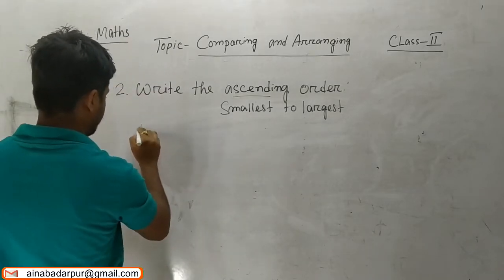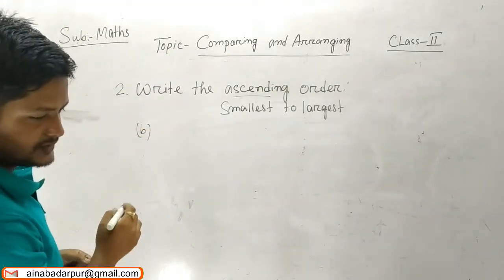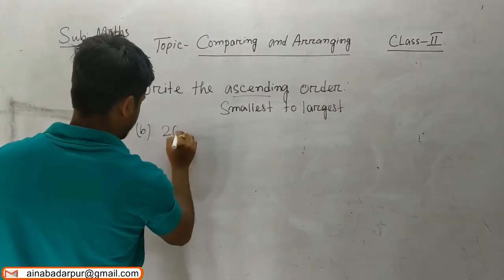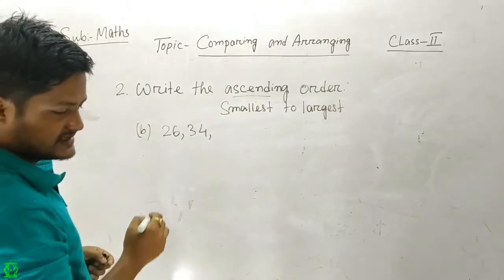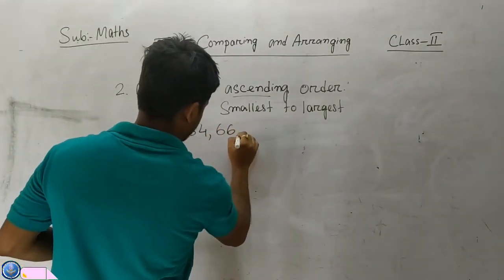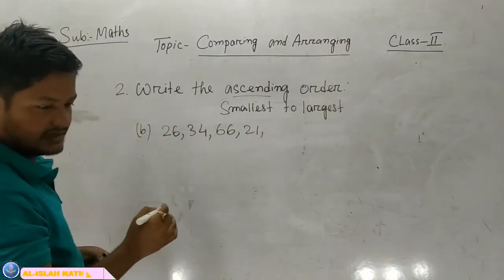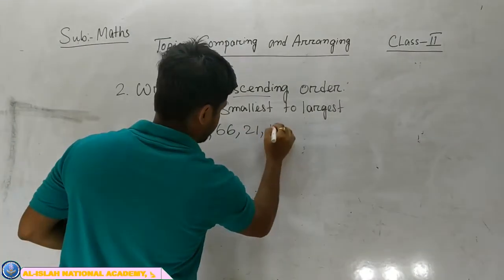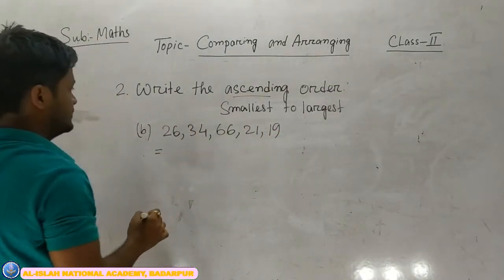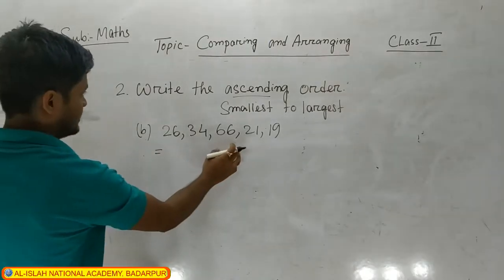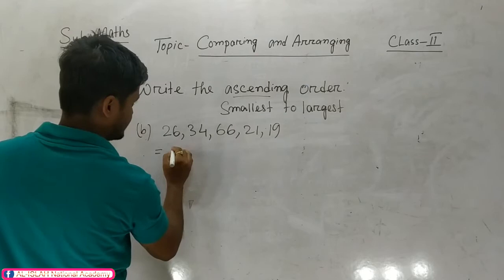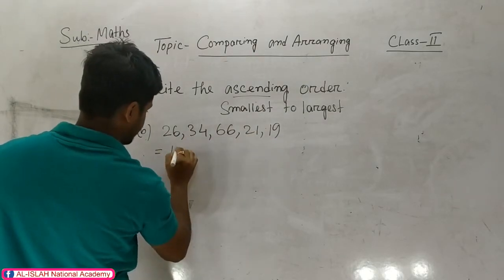Let's take another example. Question number B: 26, 34, 66, 21 and 19. First you find out which number is smallest. Is 21 smallest? No, 19 is smallest. You put 19.